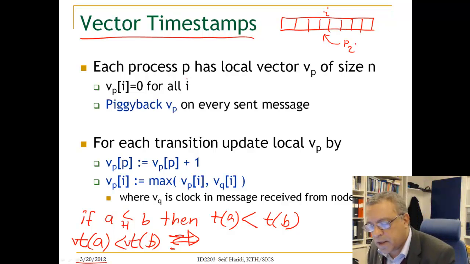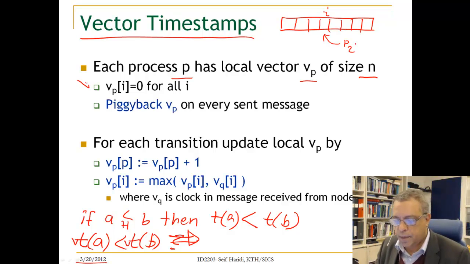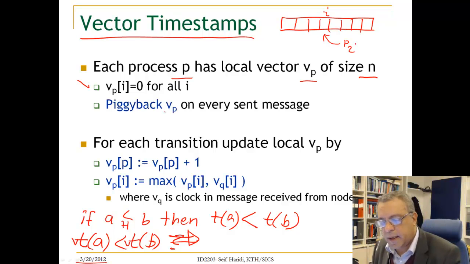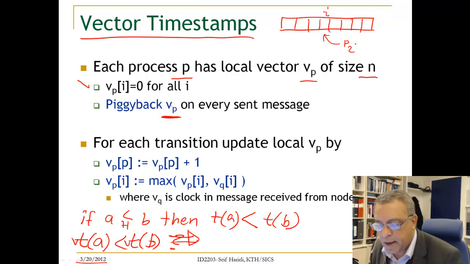Each process P has a local vector of size n, as I said, and initially all the elements are initialized to 0. Whenever we send a message, we attach the vector of that process to the message. So we piggyback VP on every message sent.